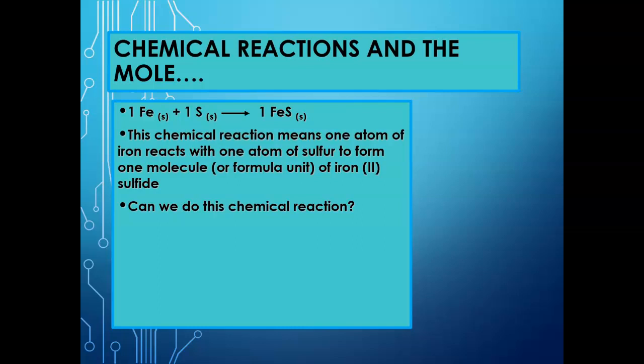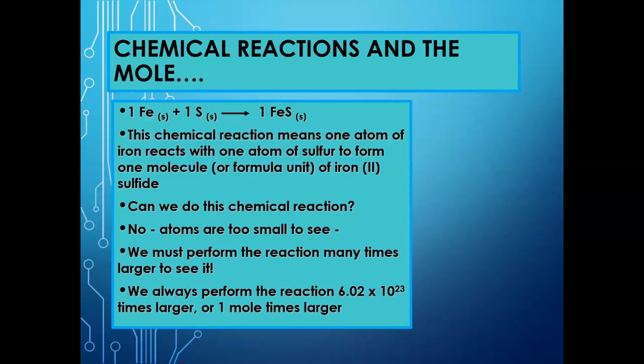So can we do this chemical reaction? Well, we couldn't really do it where we could see it. We would have a hard time trying to get just one atom of iron because it's microscopic. So, not really. We have to perform it many times larger in order to be able to see it.